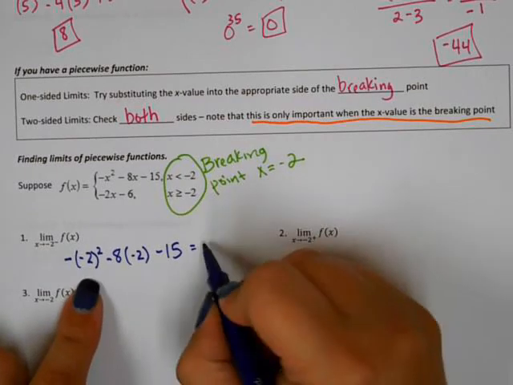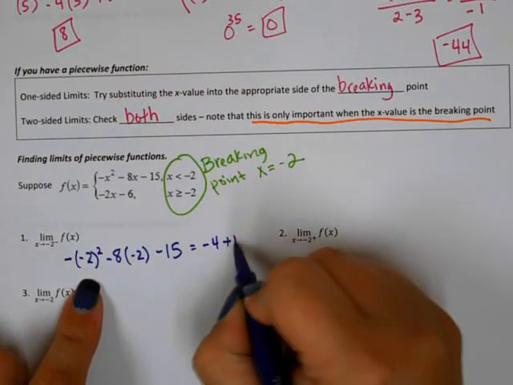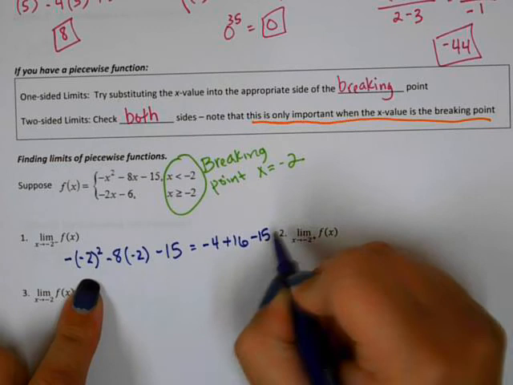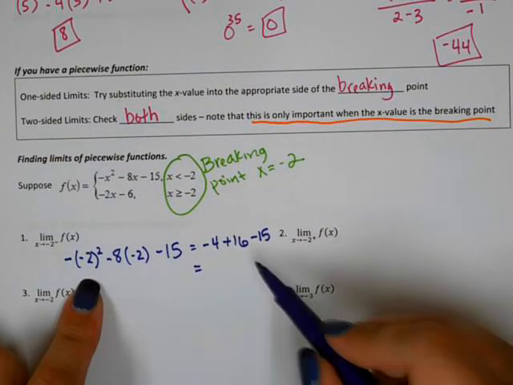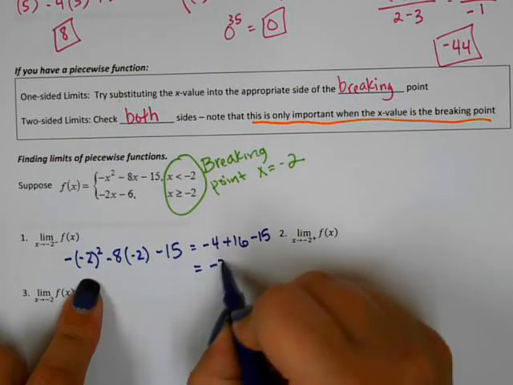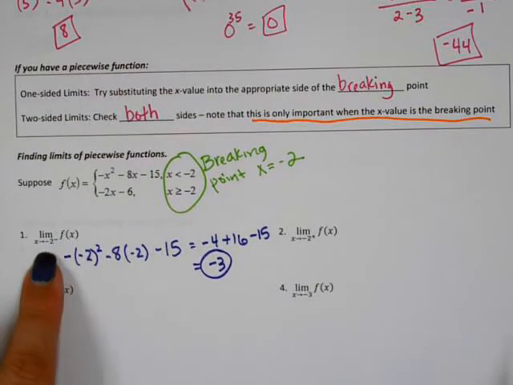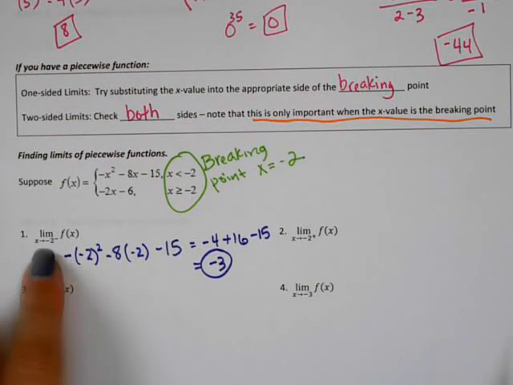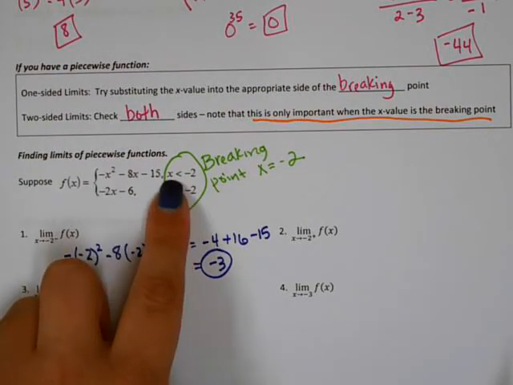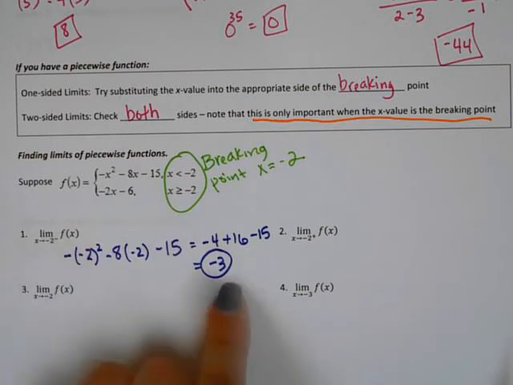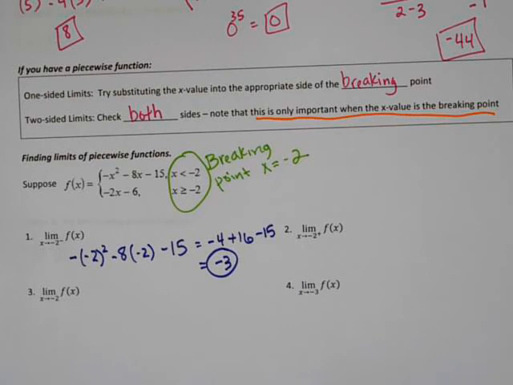So negative 4 plus 16 minus 15. I get that my limit is negative 3. Again, for the left-sided limit, I plug it into the function that deals with x less than negative 2, and so I got negative 3 as my left-sided limit.